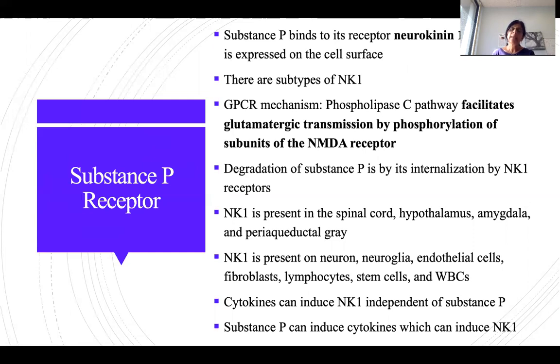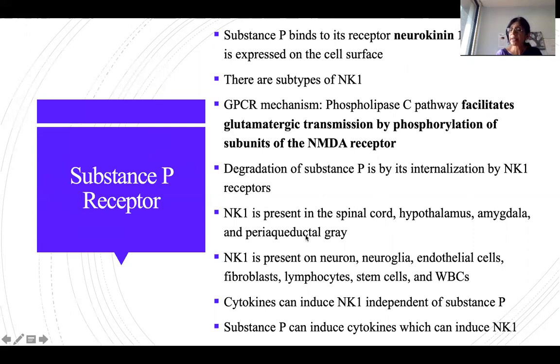Then glutamate binds to NMDA receptor, brings about its effect. Good. So substance P, when it's not needed, is degraded by its internalization by NK1 receptors in their target cells.